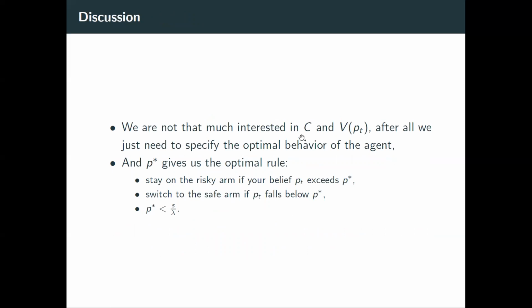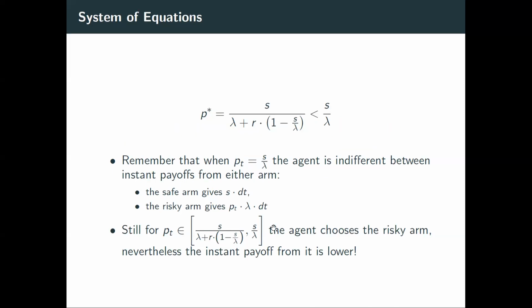After all, we are not that interested in this constant C that we had in the value function, or even in the value function itself, because our goal was exactly to specify the optimal behavior, what you should do. And now you clearly understand. You start with your initial belief, and if it was above P star, you just wait until your belief reaches exactly this critical level, and then you exit to the safe arm.